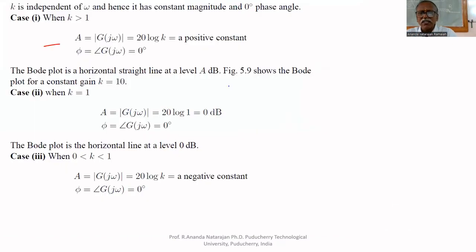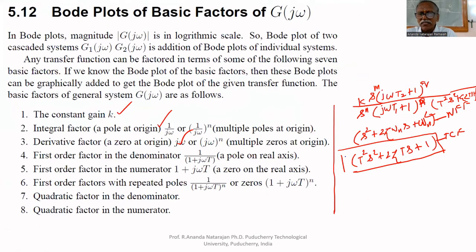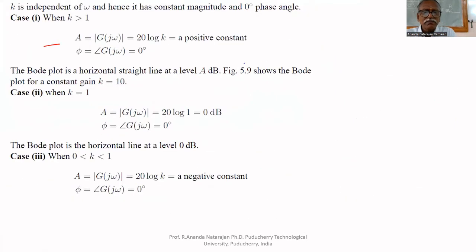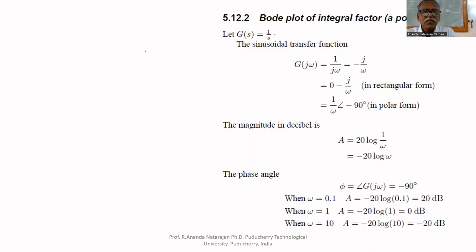Already we have seen the factors in a transfer function: K, and s in the denominator. For s in the denominator, what is the Bode plot? For each factor we'll see separately, then finally we'll add all together. So g of s equal to 1 by s.